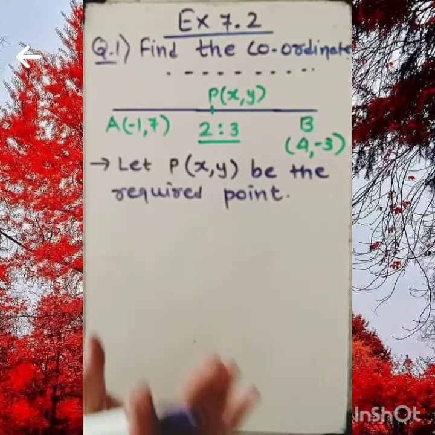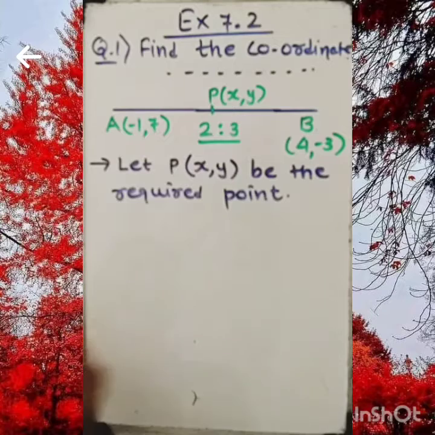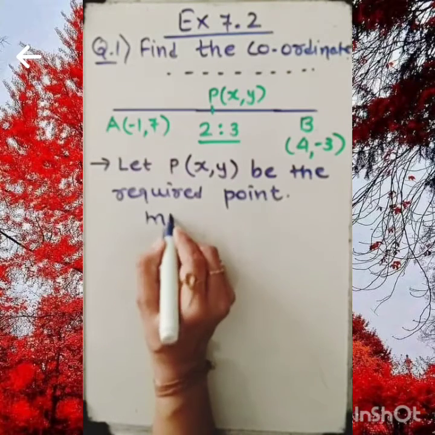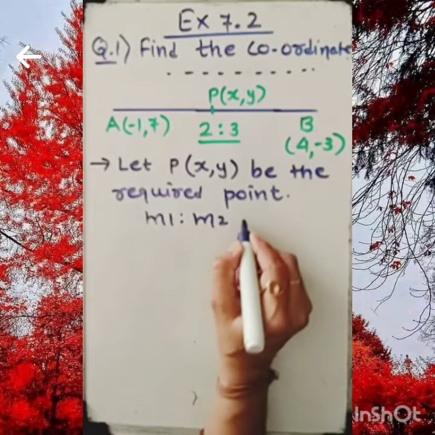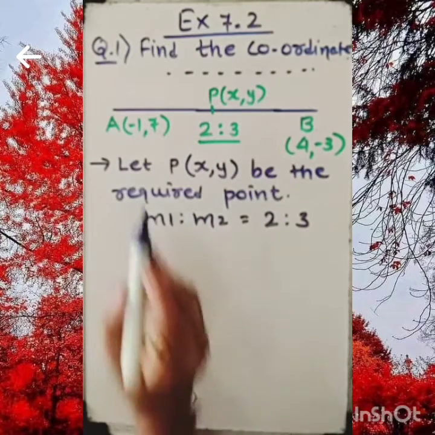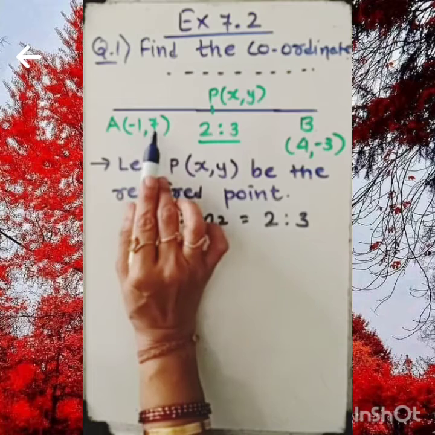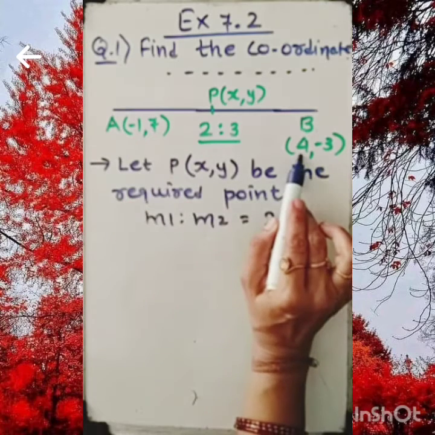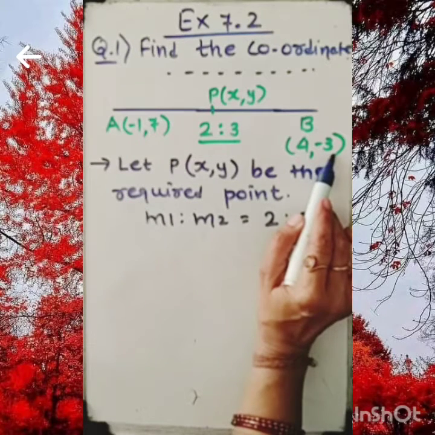Now, comparing, m1 is to m2 is 2:3, x1 is -1, y1 is 7, x2 is 4, y2 is -3.